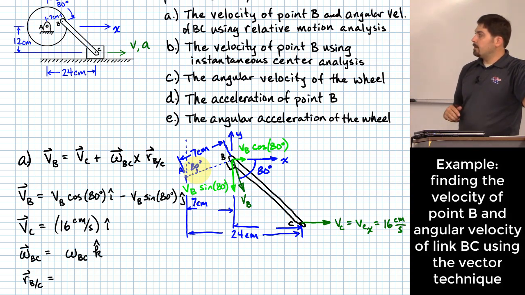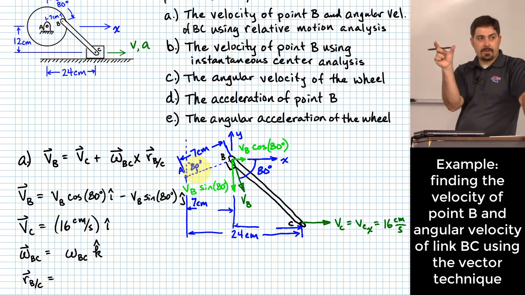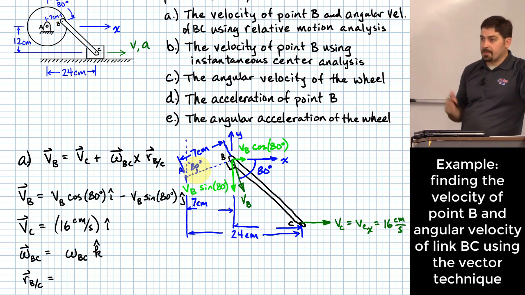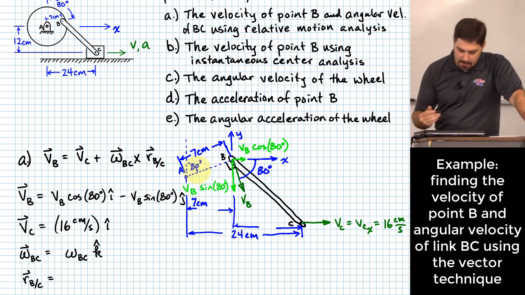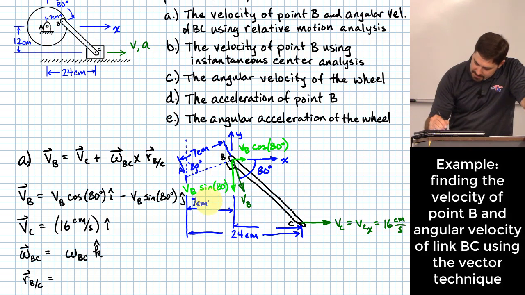Okay. The adjacent component is basically going to be finding the height of that length from A to B. That's not what I want. I want the horizontal length. Okay. So I think I misspoke. I want the sine function, not the cosine function, to get that horizontal piece. Okay, so this is 7 centimeters times the sine of 80 degrees.